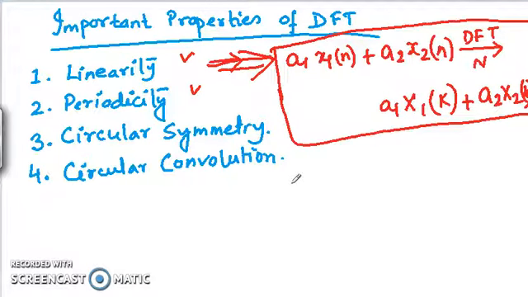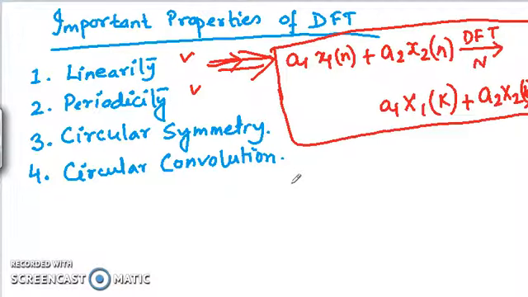Now let's discuss periodicity property. The important point we have noted while determining DFT is that it becomes periodic in the frequency domain as well as in the time domain. That means the periodicity property occurs in the time as well as the frequency domain.